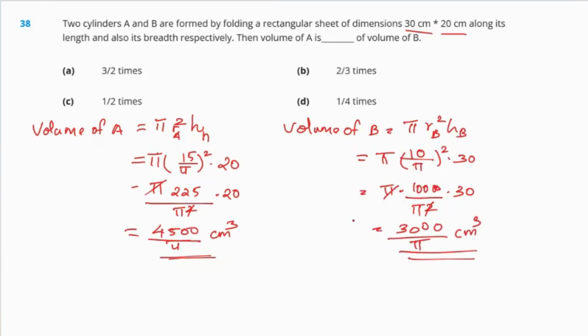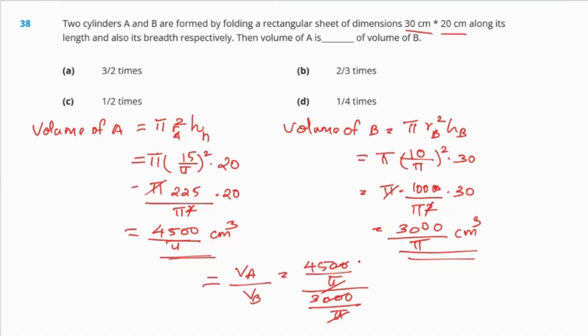When we take the ratio of these volumes, VA by VB is equal to 4500 by pi divided by 3000 by pi. Pi and pi get cancelled off, and these zeros get cancelled off, so 45 by 30.